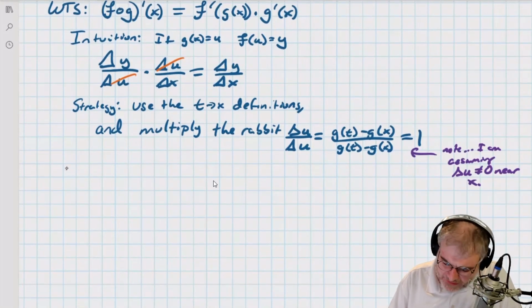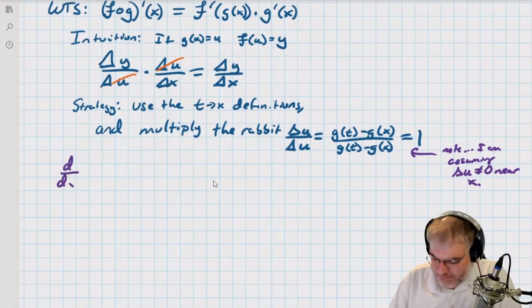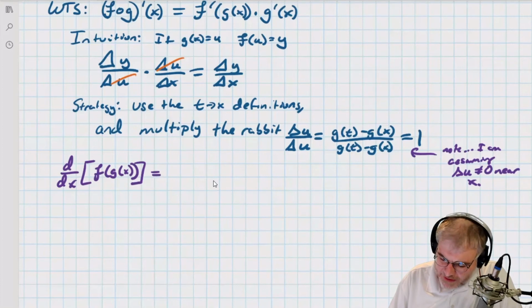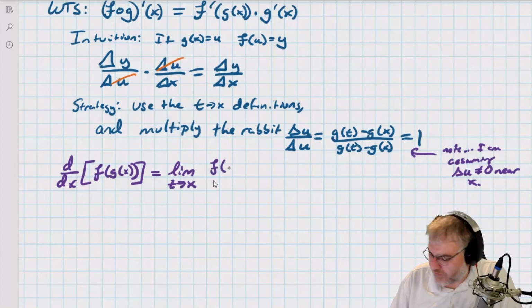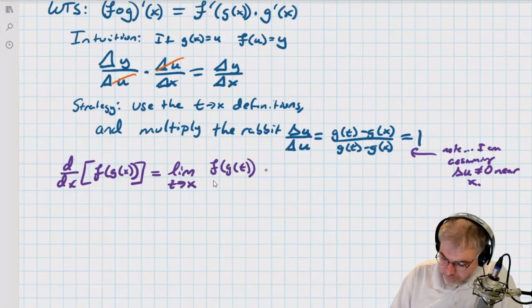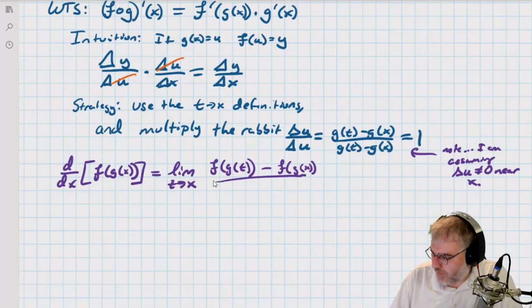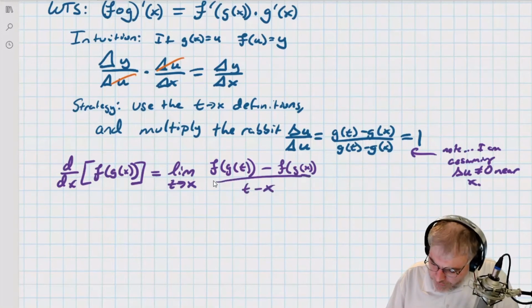So I've got d over dx of f of g of x equals the limit as t goes to x of f of g of t minus f of g of x all over t minus x. Now I multiply the rabbit.